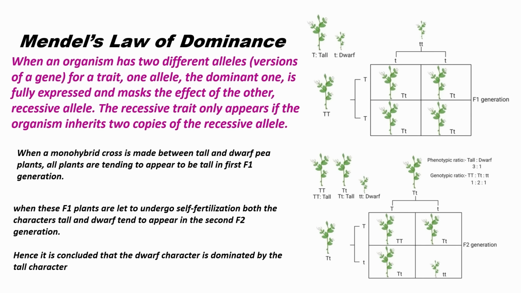So, both capital T capital T and capital T small t are tall plants, while only small t small t is a short plant. Hence, it is concluded that the dwarf character is dominated by the tall character. This shows Mendel's law of dominance.